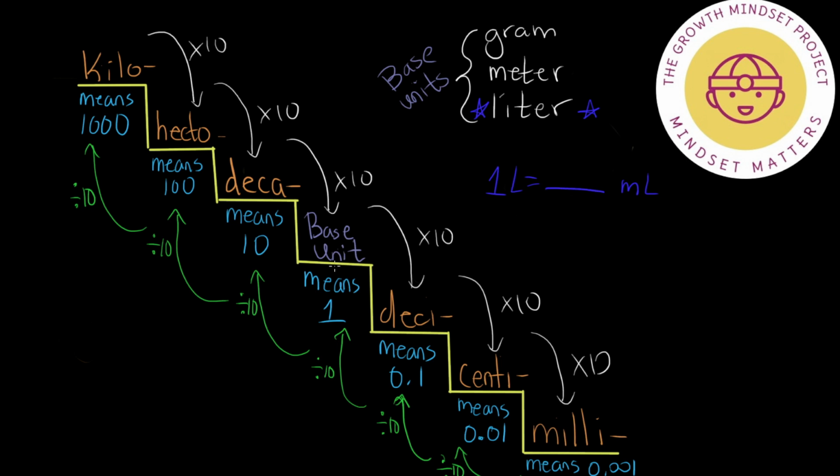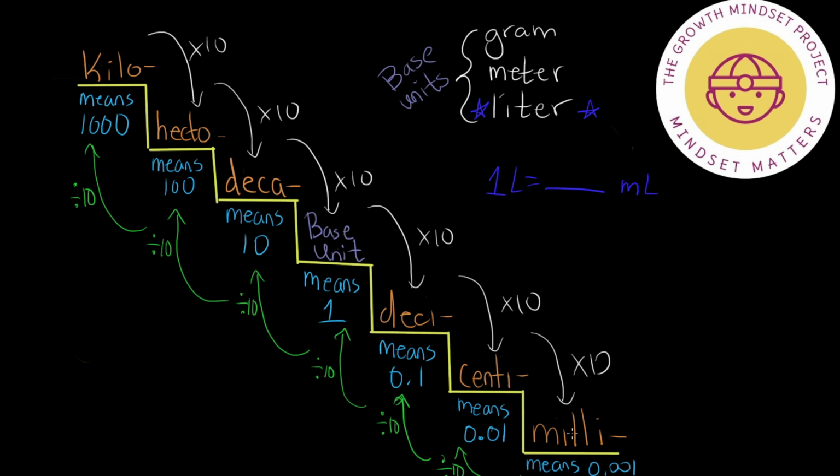Well, here's our base unit, and all the way down here is milli, and you can see underneath it says milli means 0.001, or milli means thousandths, 1,000th, centi means 1/100th, deci means 1/10th.